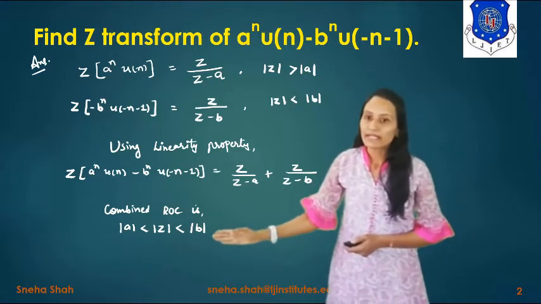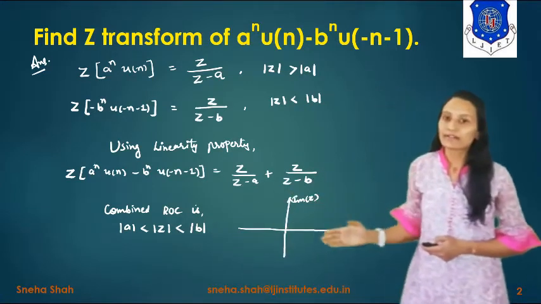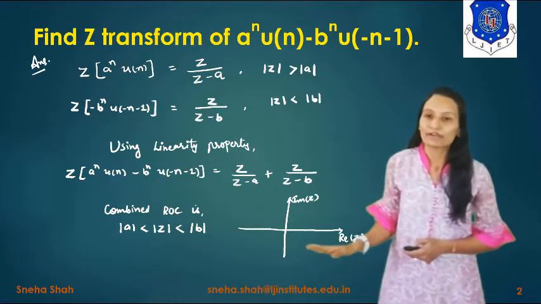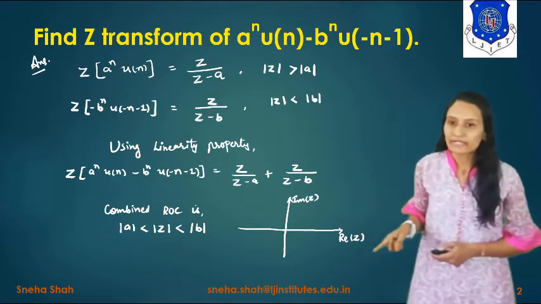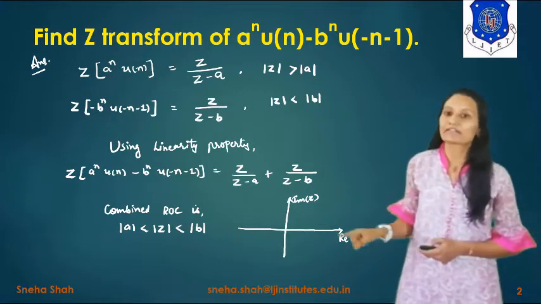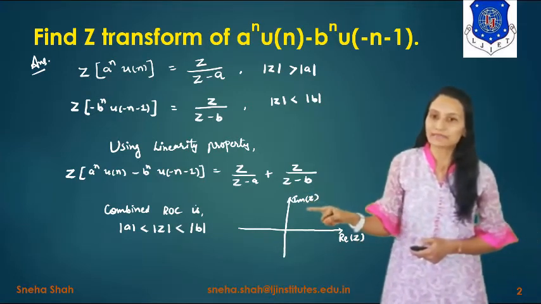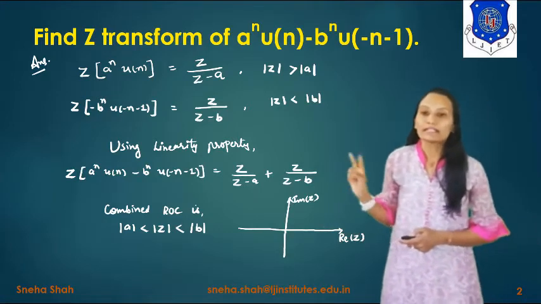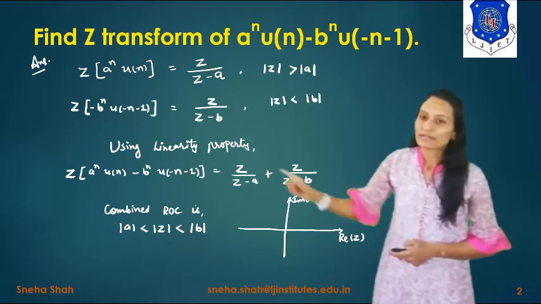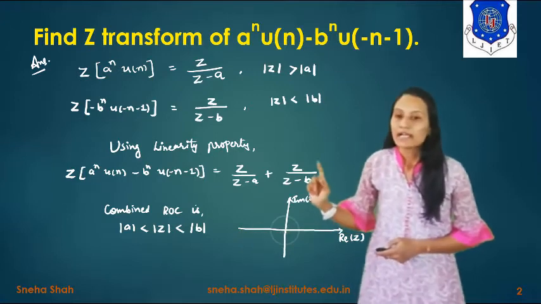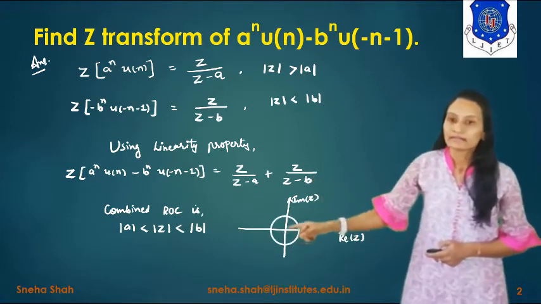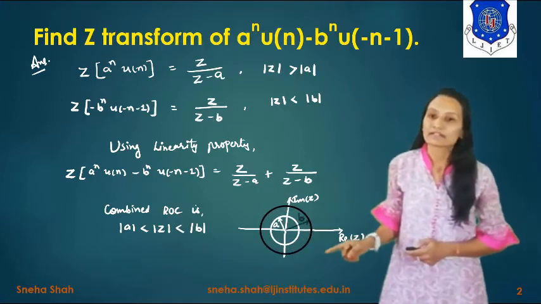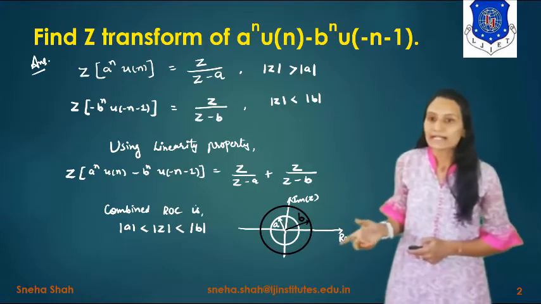Now how will we draw the ROC for this? As you know, we draw the ROC on the Z plane. What is the Z plane? On the horizontal axis we draw the real part of z, and on the vertical axis we draw the imaginary part of z. In this, we draw two circles with radius a and b: the first circle with radius a and the second circle with radius b.